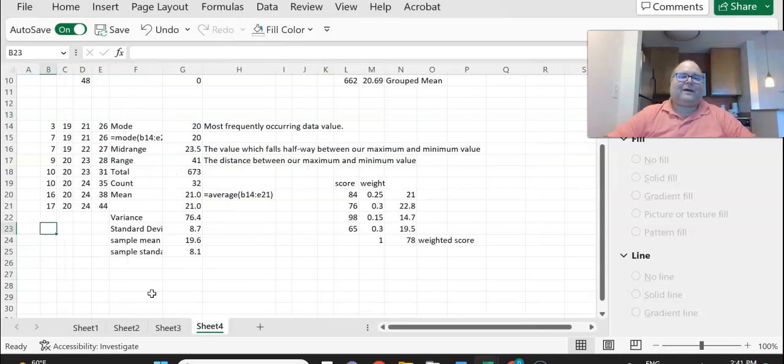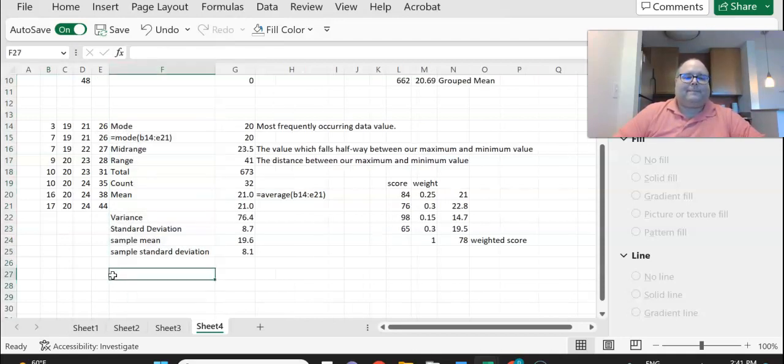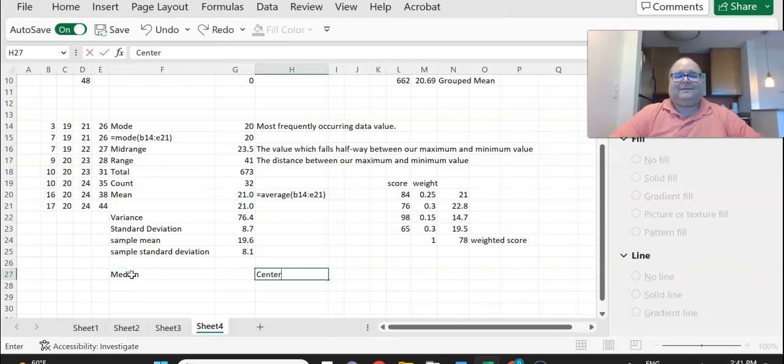So if we have our 32 data values, our median is the central value of a sorted and organized set of data.